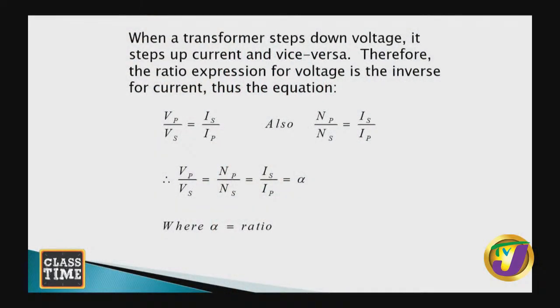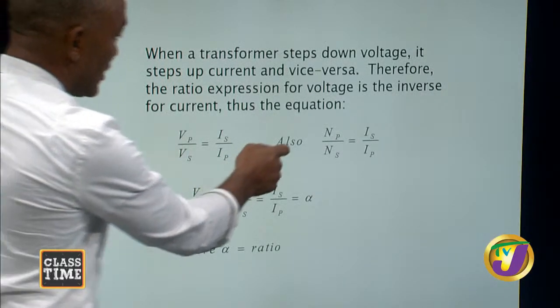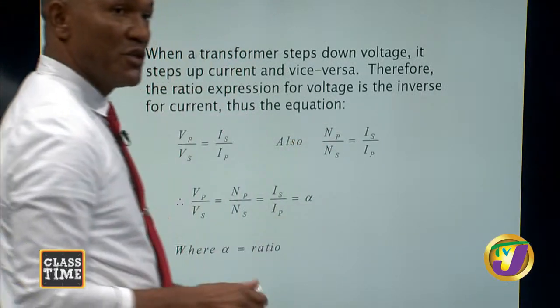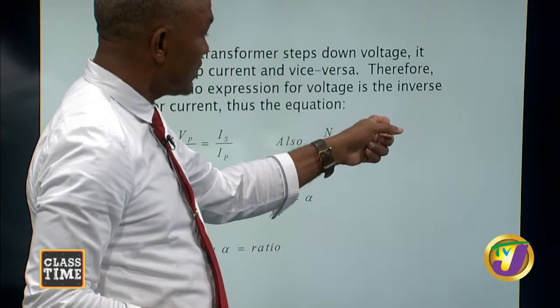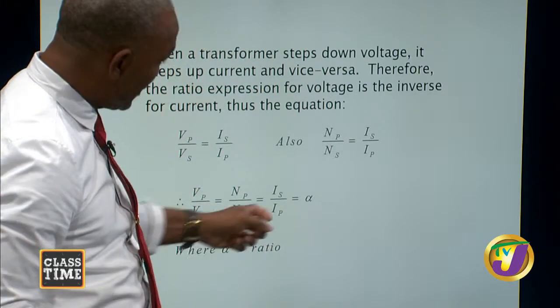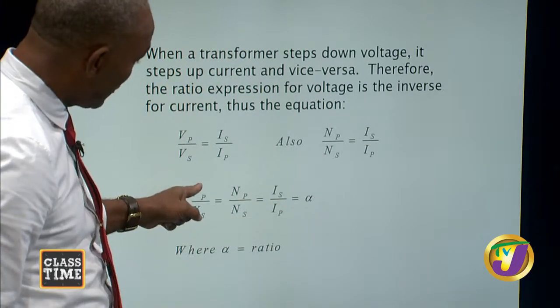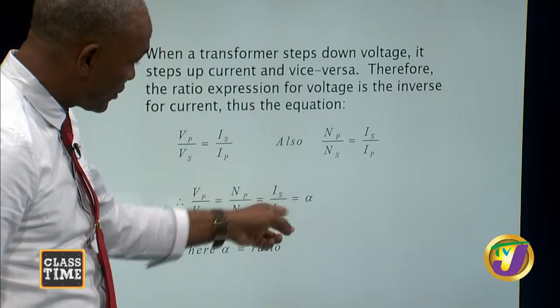Also, remember in the first place we have Vp over Vs is equal to Np over Ns. So I could also write Np over Ns equals Is over Ip. And then everything equals each other, given ratio. So this is your voltage ratio, this is your turns ratio, and this is your current ratio.